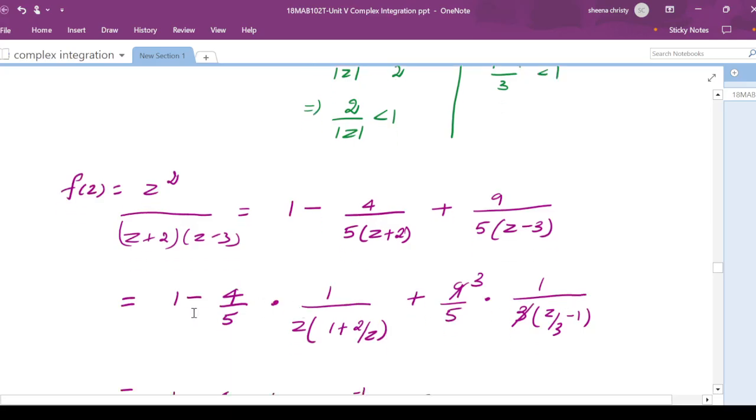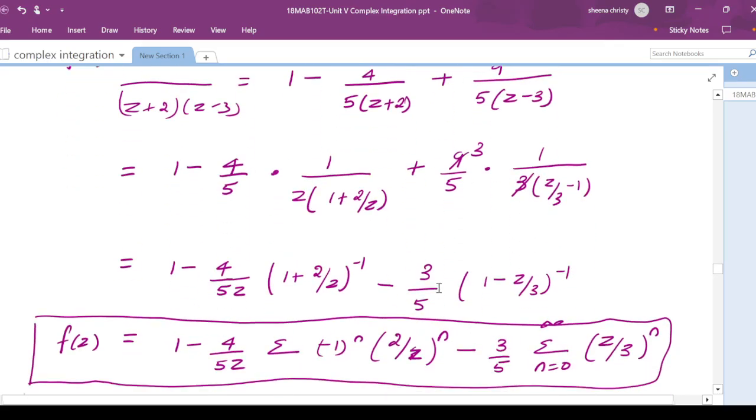By taking like that, you will get 1 minus 4 by 5 into 1 by z into (1 plus 2 by z) to the power minus 1, plus 9 by 5 into 3, if I am taking outside, (z by 3 minus 1). So 3 gets cancelled. We are taking minus 1 outside: minus 3 by 5 into (1 minus z by 3) power minus 1.